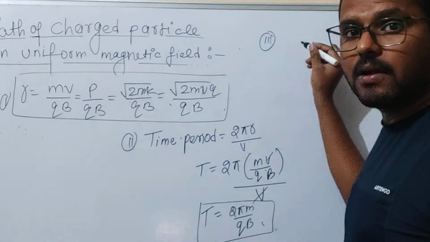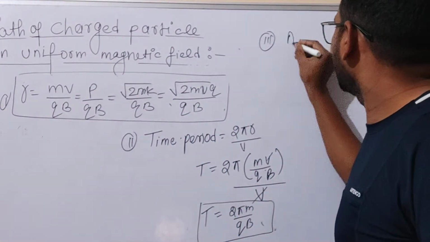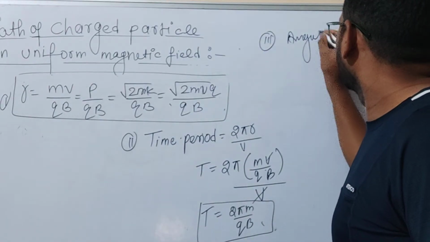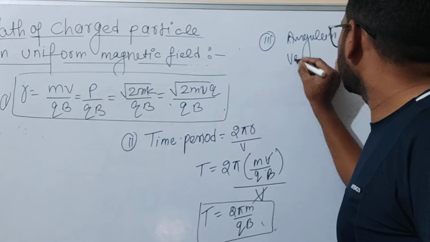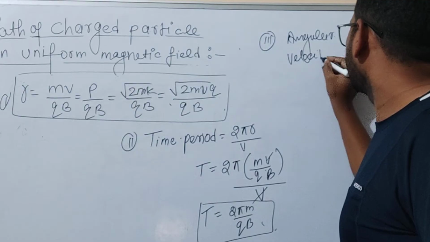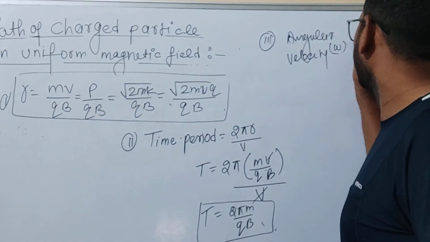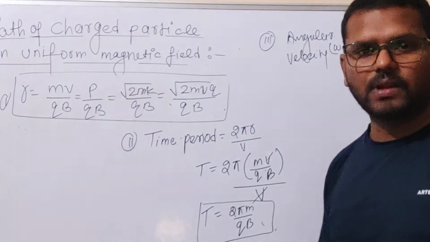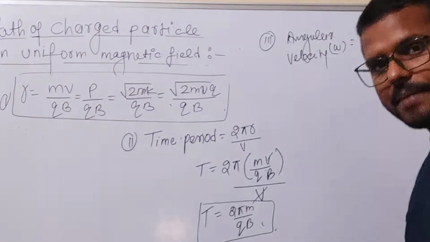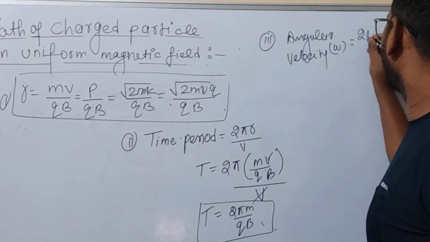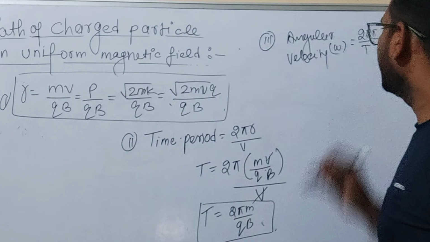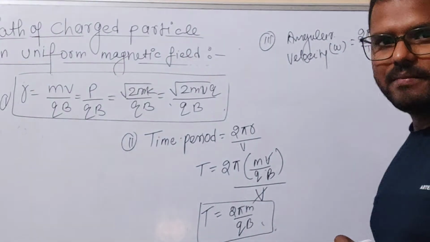Next is angular velocity. Angular velocity omega is equal to what? Omega is 2 pi by time period.